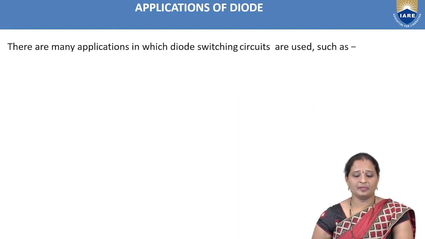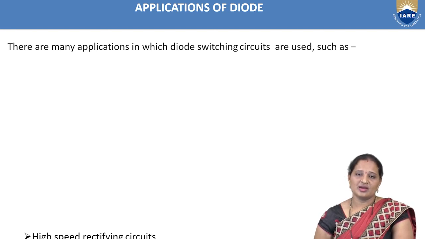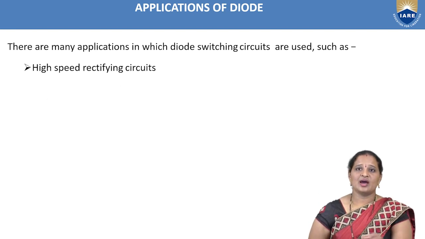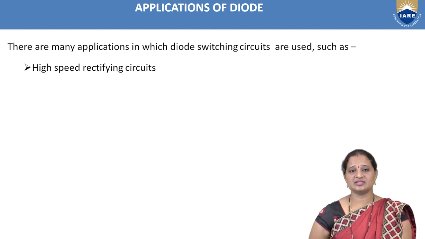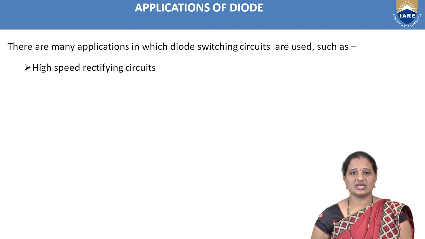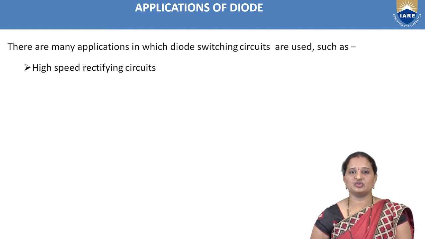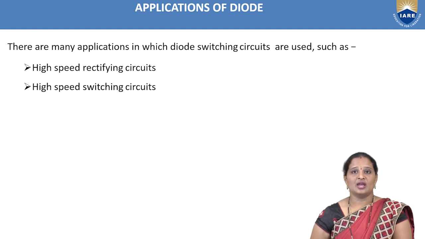So now coming to the applications of the diode. We have various applications in which diode switching circuits are used. The first one is the high-speed rectifying circuit. This is a major application in which the diode can be used as a rectifier to convert an AC supply into DC. Next, high-speed switching circuits.